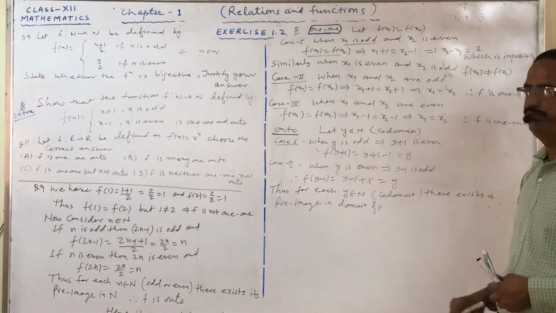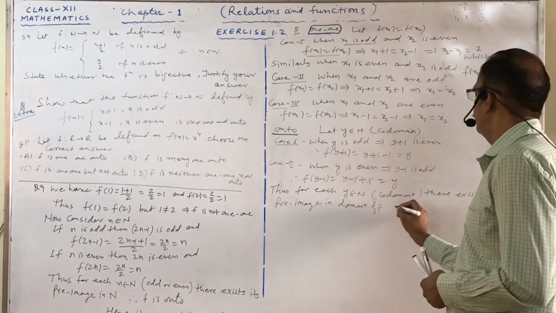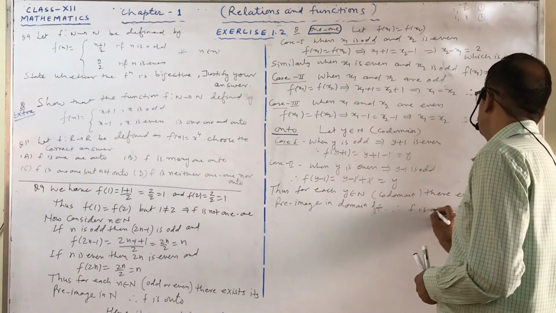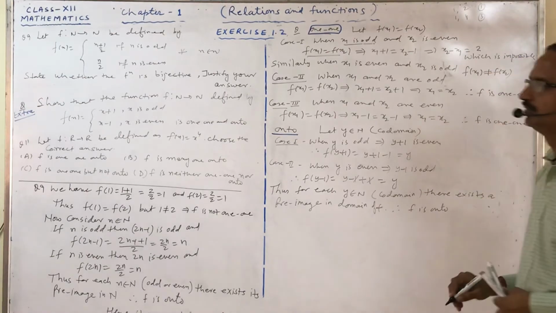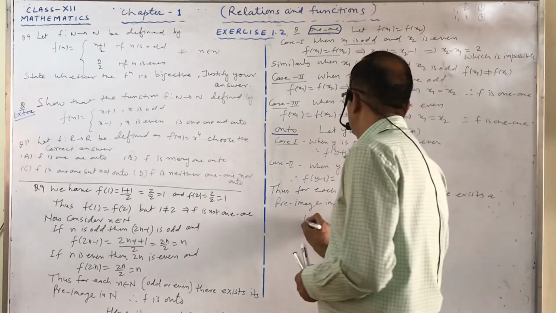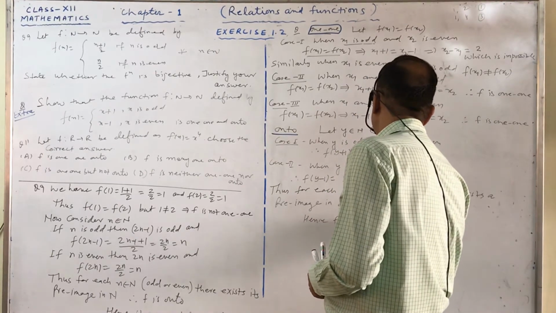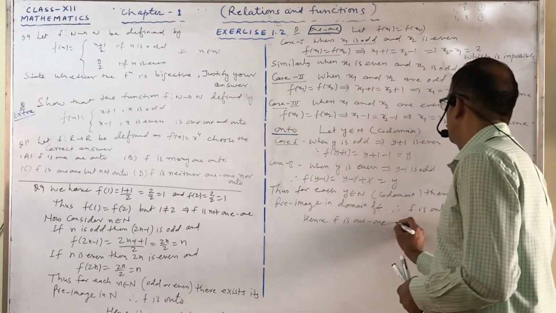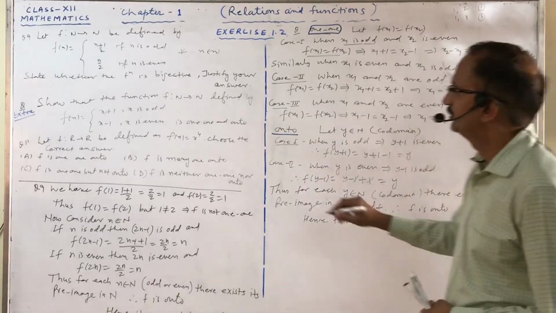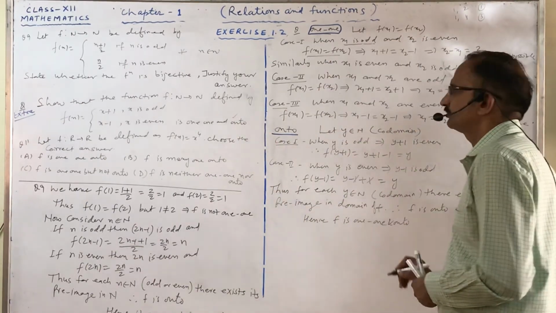This is codomain of f. So the preimage exists in domain of f. Therefore, f is onto. Since it is 1-1 and onto, hence f is 1-1 onto. So it is proved. It is 1-1 and onto.